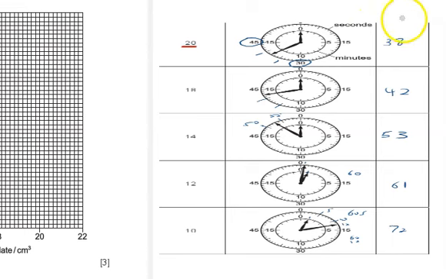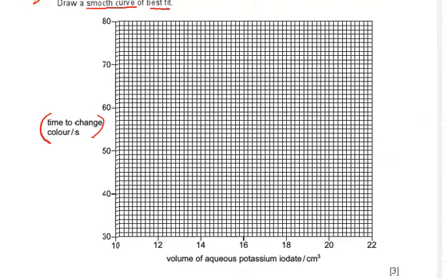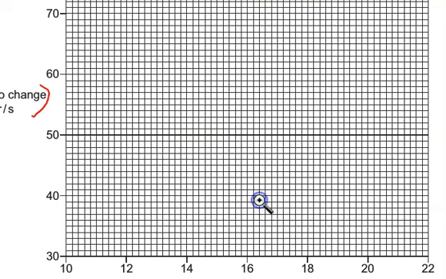This is the time taken and this is the volume. So first one is 20 and 38. The time is 38 and volume is 20. Let me make it bigger. So it's 38. It's 1, 2, 3, 4, 5, 6, 7, 8.